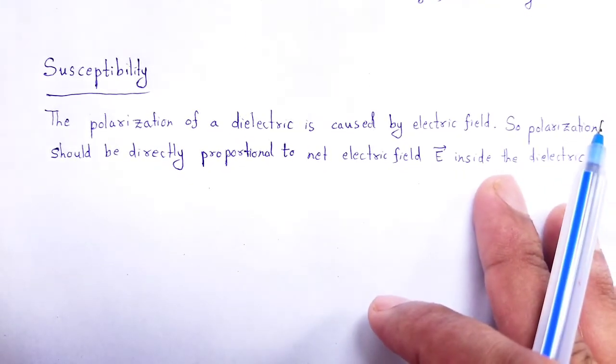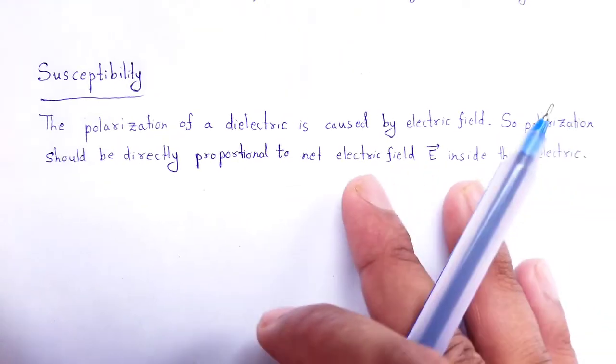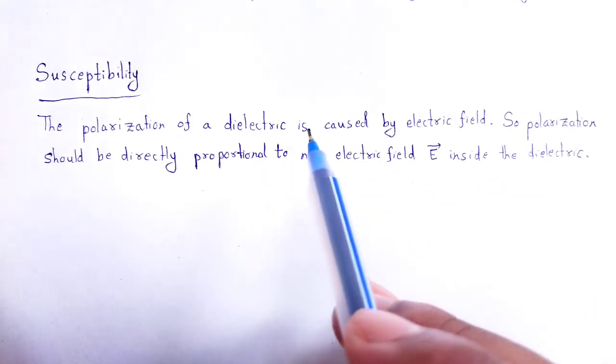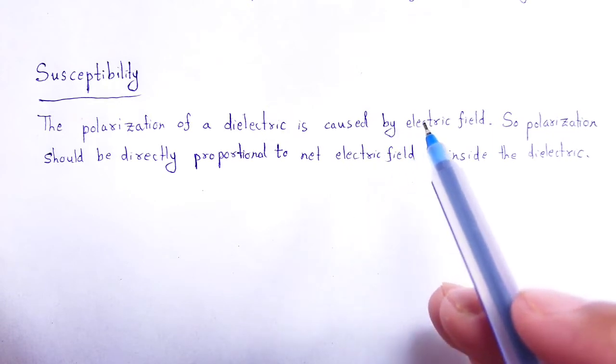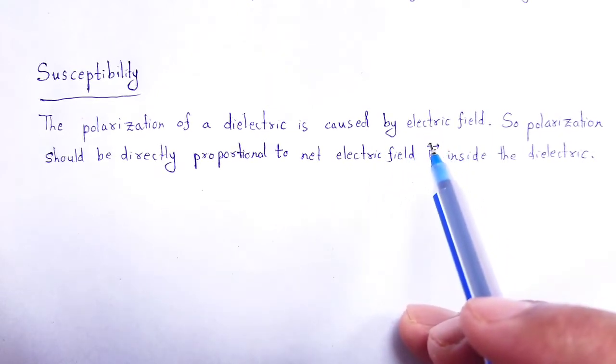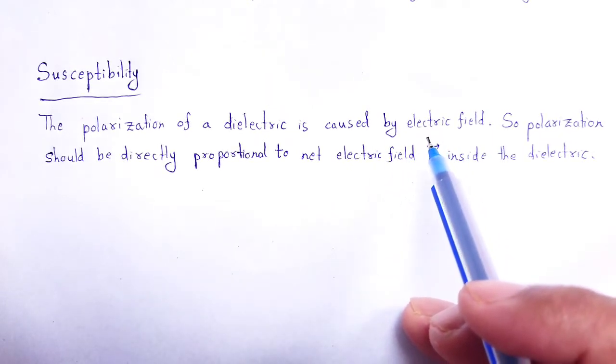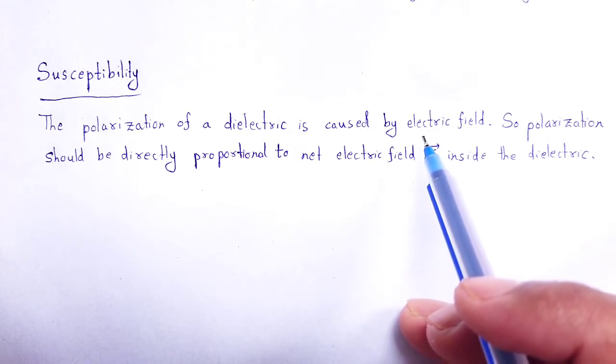Susceptibility. We know the polarization of a dielectric is caused by the electric field. As we apply an external electric field when the dielectric slab is placed between the parallel plate capacitor, the polarization phenomenon takes place.